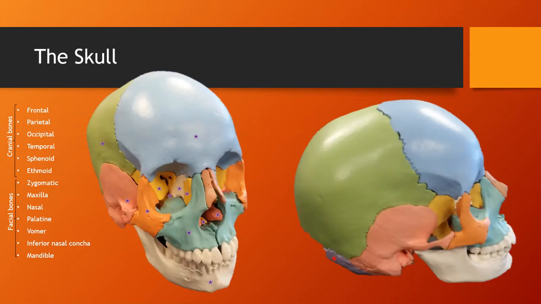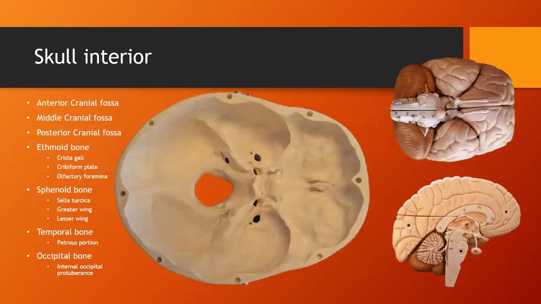So the calvaria is the portion of the skull where it is bald, or the upper portion. And then your base, as we can see here, is separated into the 3 major bones that comprise the bottom portion of the brain. So here in the front, this is our anterior cranial fossa. This is also the location of the frontal bone.